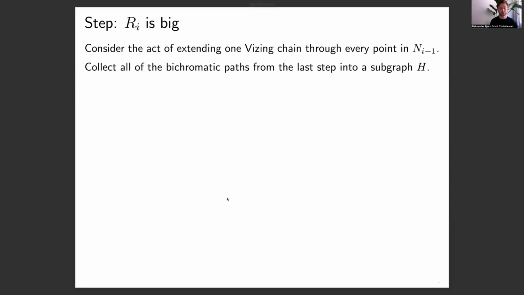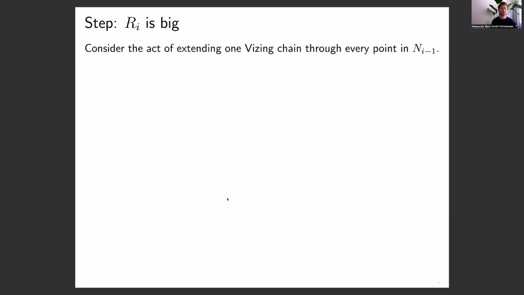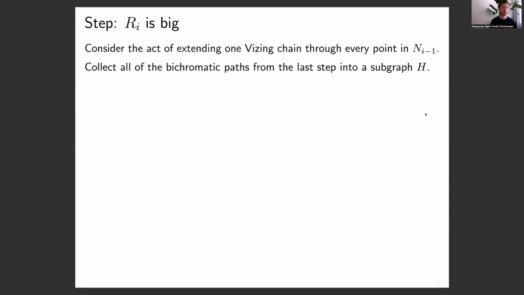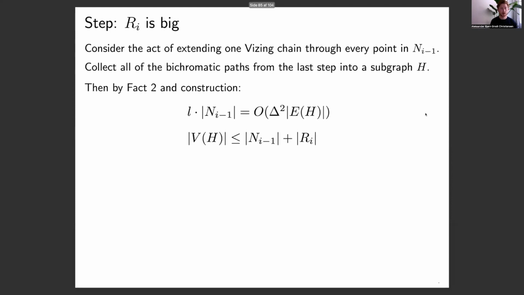The idea is we consider the action of extending our Vizing chain through every good extension point on the previous level. And then we're going to collect all of the bichromatic paths from these last steps into some subgraph H. Then we know from early on, and by construction really, that if we take the total length of the Vizing chains, it's going to be at most delta squared times the number of edges, because an edge cannot participate in too many Vizing chains.